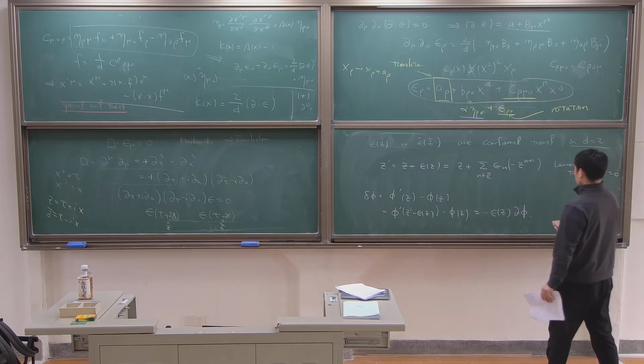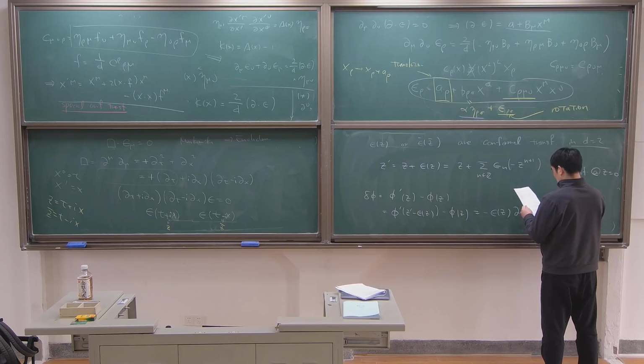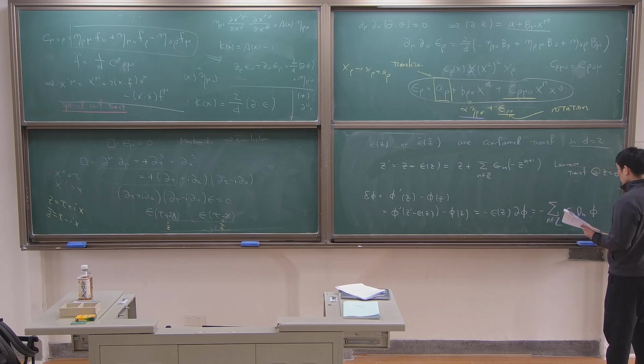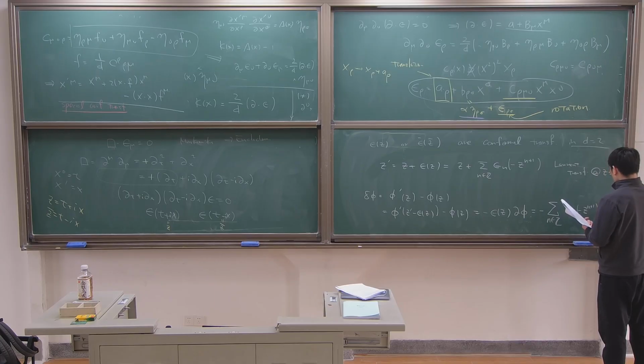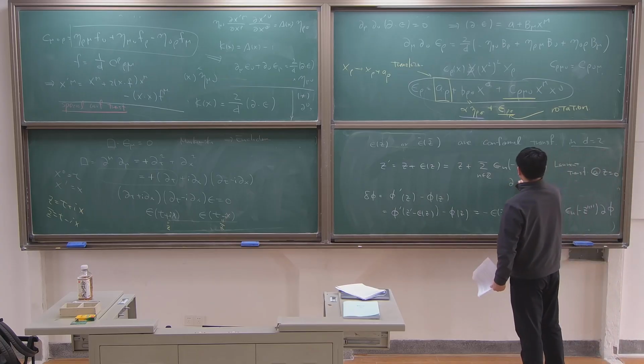And then this can be understood as follows, minus epsilon n times z to the n plus 1 del. Here del is del z.